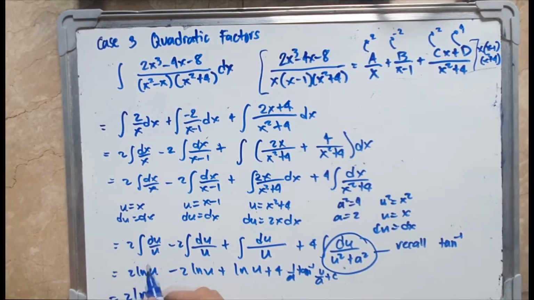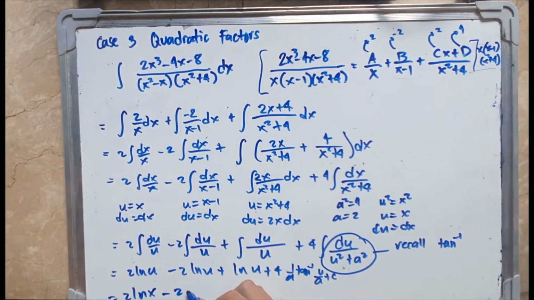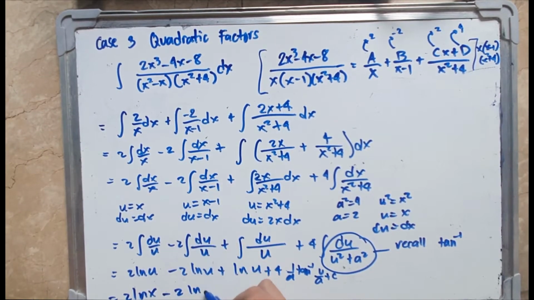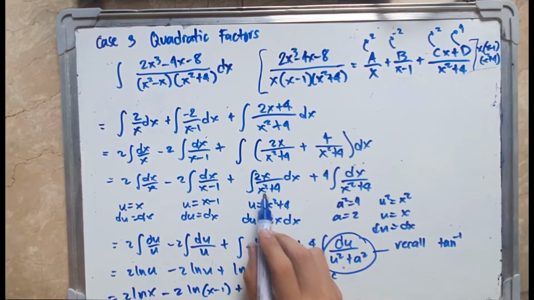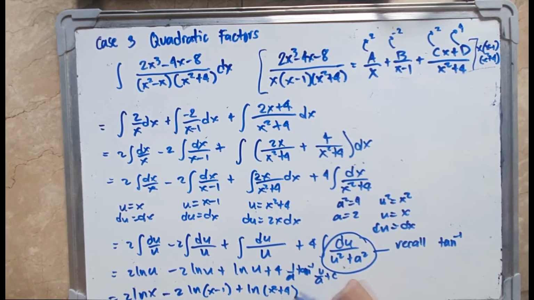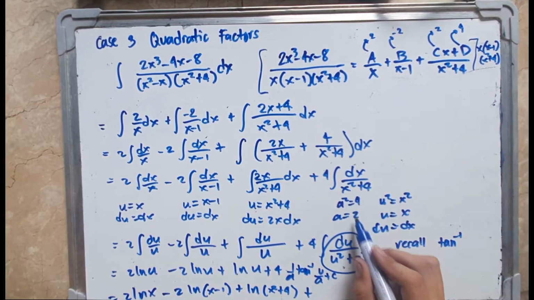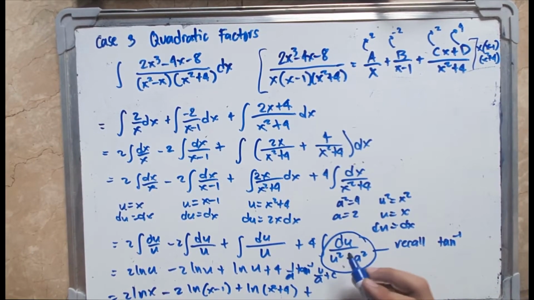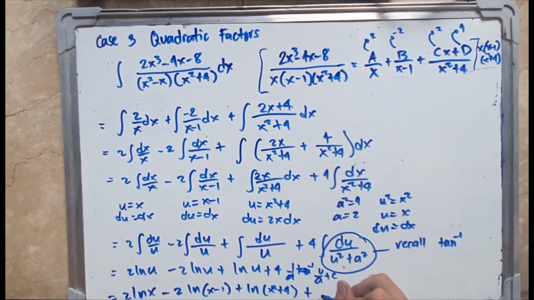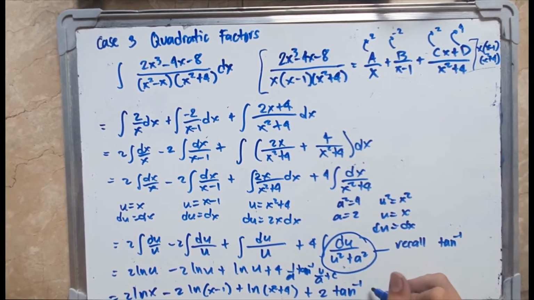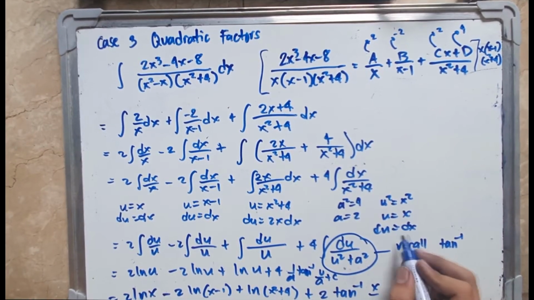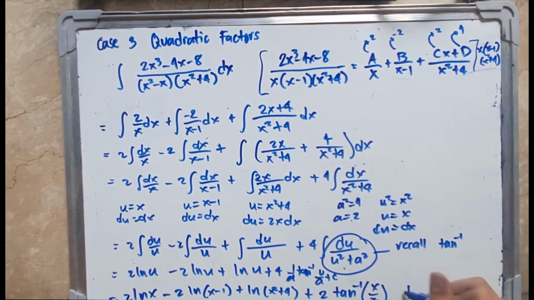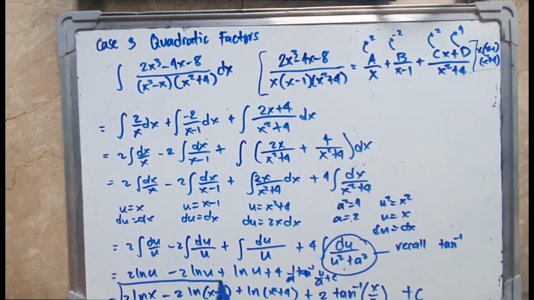The u here is x, negative 2 ln the u here is x minus 1, plus ln of x squared plus 4, plus 4. What is our a? Our a is 2, so 4 divided by 2 is 2. The arctan of u is x over 2, plus c. This will be our final answer.